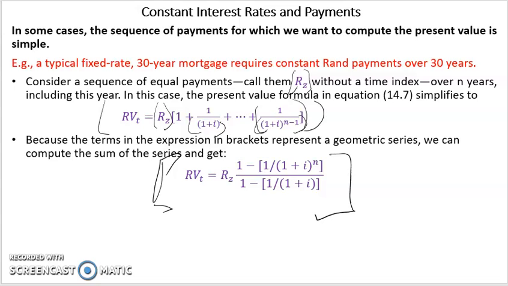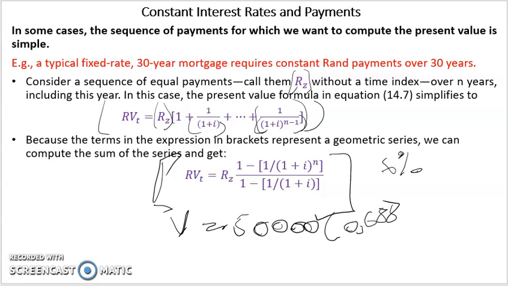Taking, for example, an interest rate of 6% per year, the equation here tells us that V is given by 50,000, which is the sequence of payments over the years, times 0.688, which is the fraction here on top, divided by 0.057, which is the fraction below.